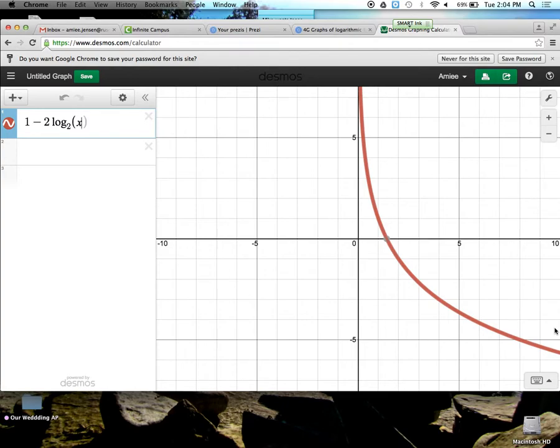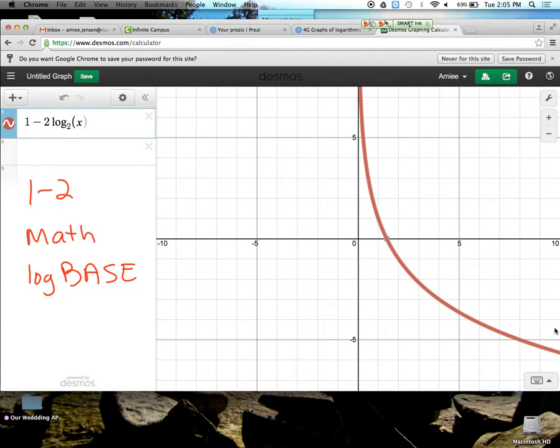If you are on the graphing calculators, once you get this far, you have to go to the button that says math on the left. Once you hit math, you scroll down and down until you see where it says log base.